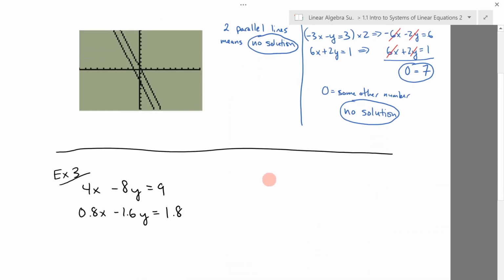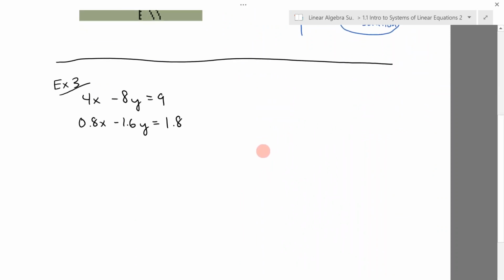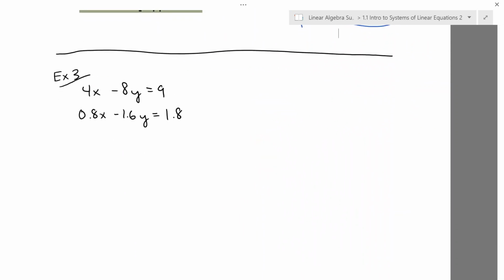Okay, so continuing on to the third example at the bottom here. So again, first do it by graphing. So what does it look like? So we solve for y. So subtract the 4x, right?